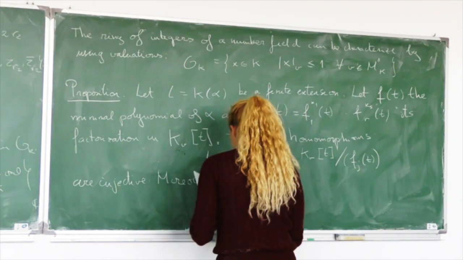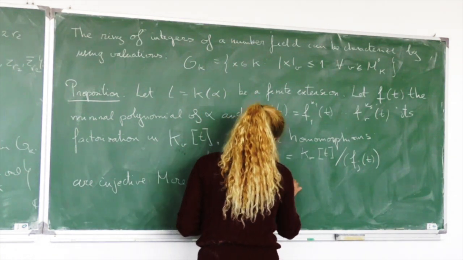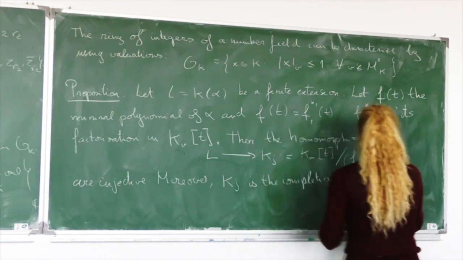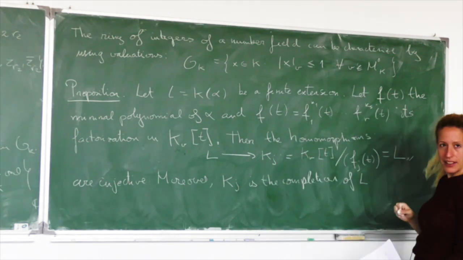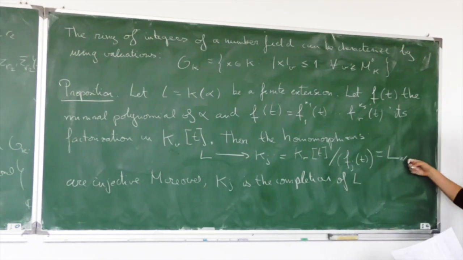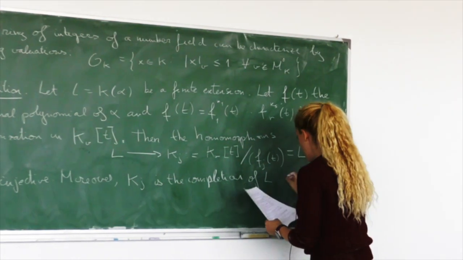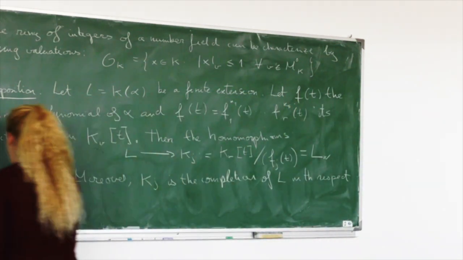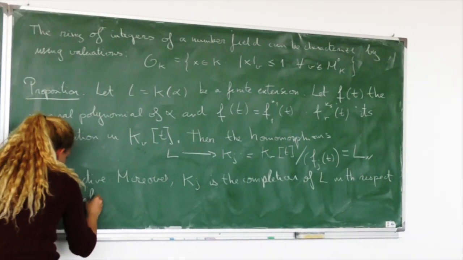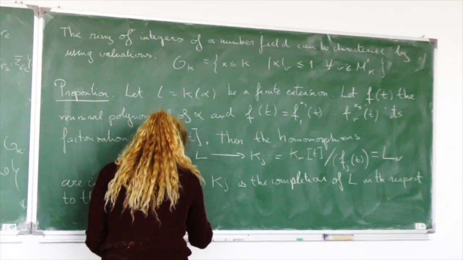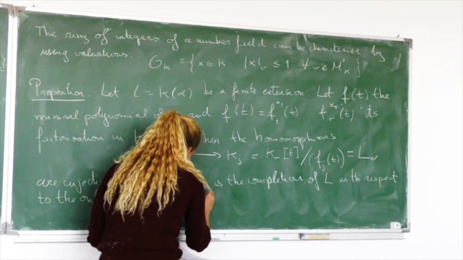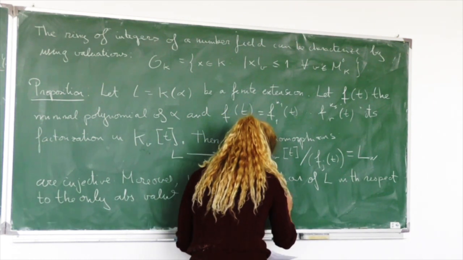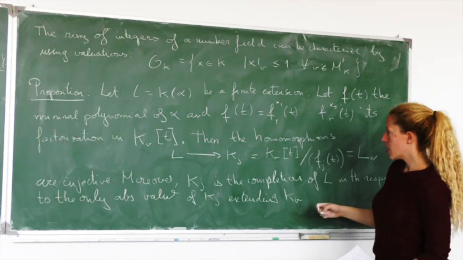Moreover, each of those fields K_j is the completion of L with respect to W, the valuation that I have here, the only absolute value of K_j extending K_v.